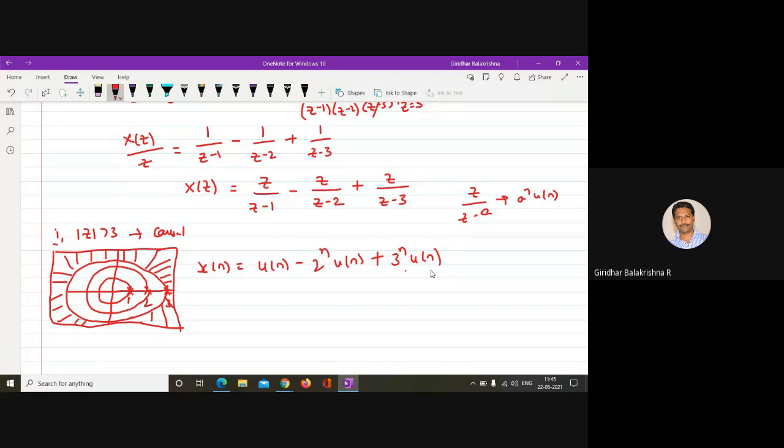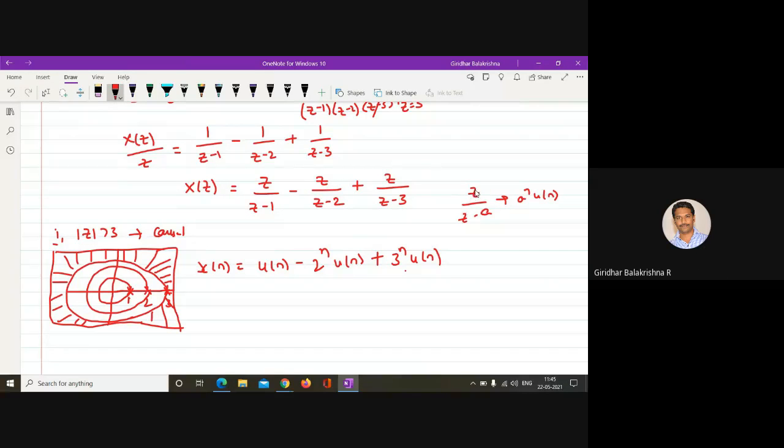So verify whether for all the poles it is causal or not. So for pole 1 ROC lies outside, for pole 2 ROC lies outside, for pole 3 ROC lies outside. Therefore, as z is greater than 3, the given system is which system? Causal system.